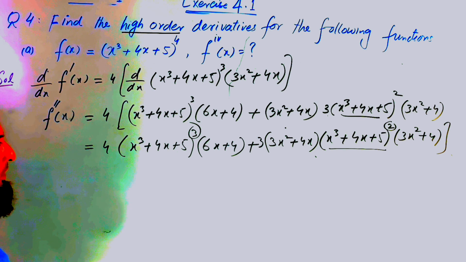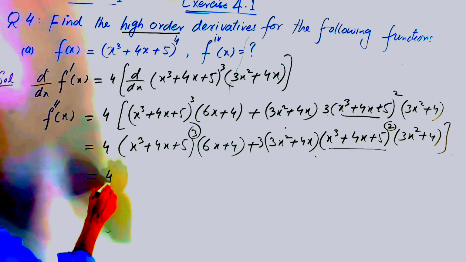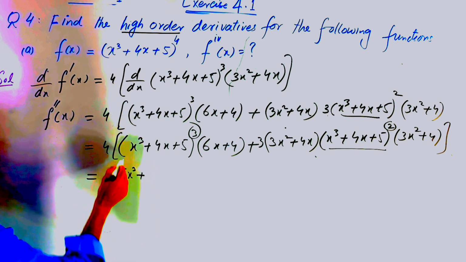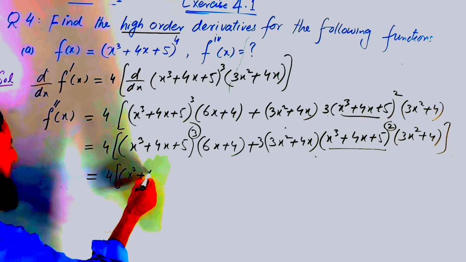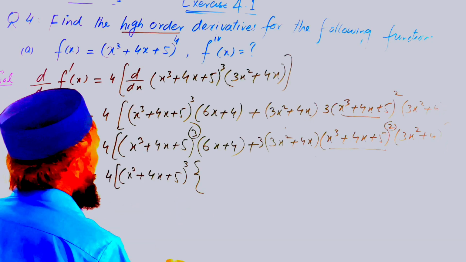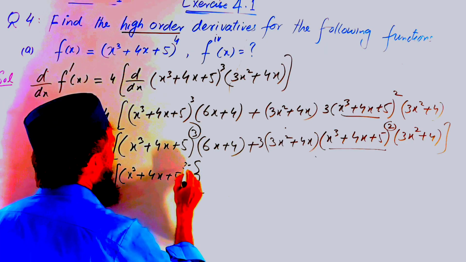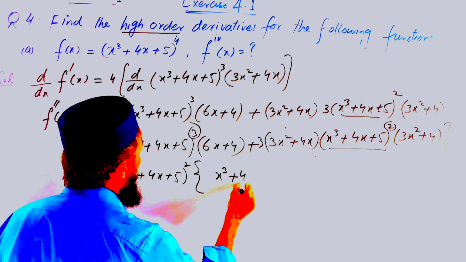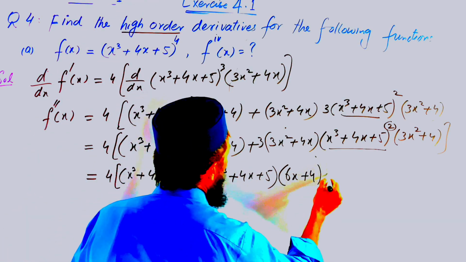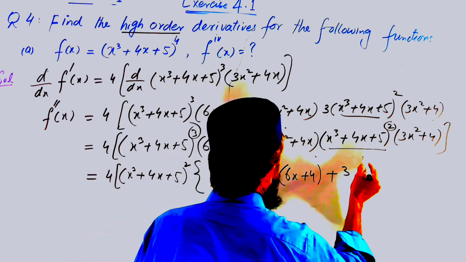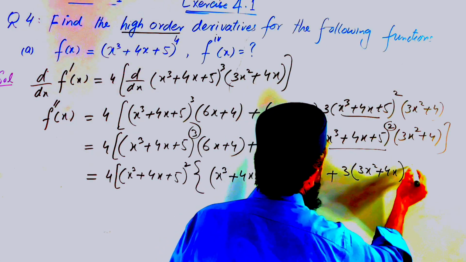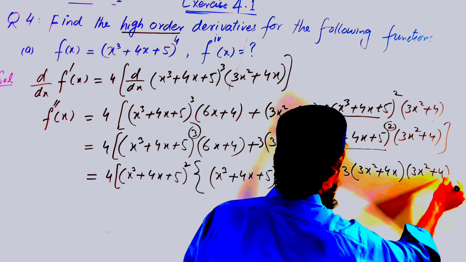For the 6x term, another factor is not possible, so (x cube plus 4x plus 5) whole cube, and taking common, the square is common, so (x cube plus 4x plus 5) into (6x plus 4) plus 3 into (3x square plus 4x) into (3x square plus 4).